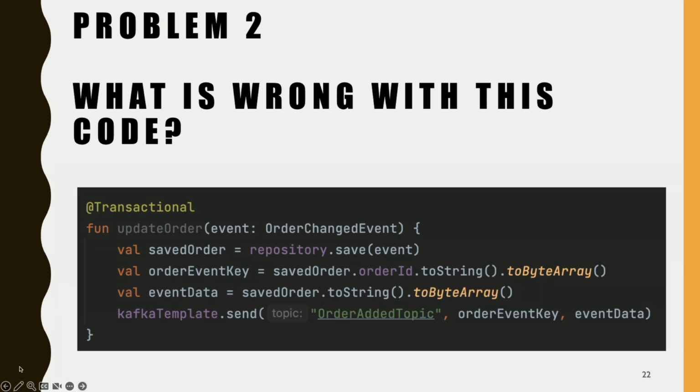And the second example that I have is this piece of code. So we can ask the question, what is wrong with it? Because, okay, we have this transactional method that can be something problematic, but in general, it's a really small, simple method.